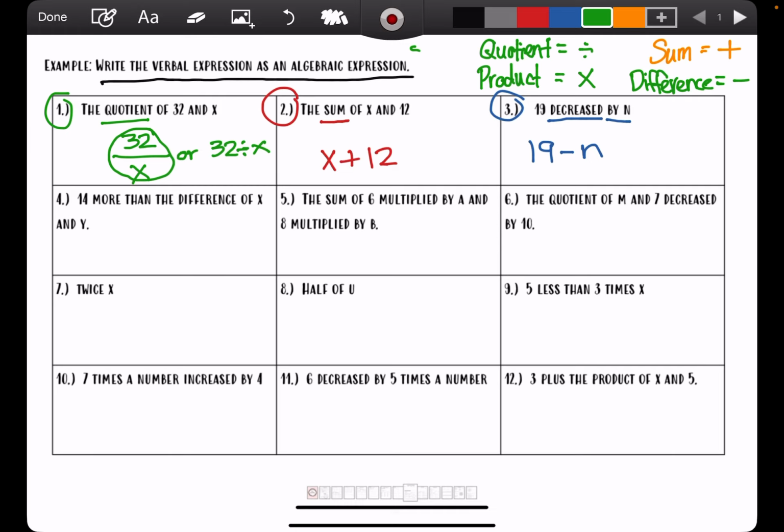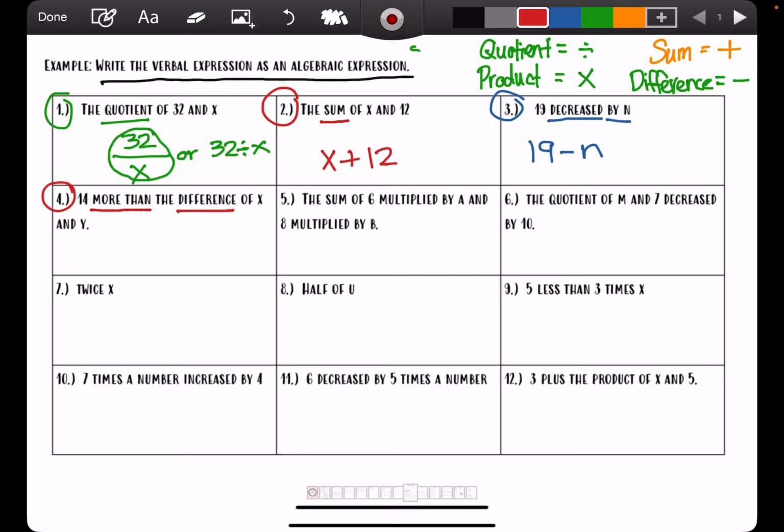Let's go to number four: 14 more than the difference of x and y. There are a couple of key phrases here, more than and difference. 14 more than means we're going to add 14 to whatever we have at the end.